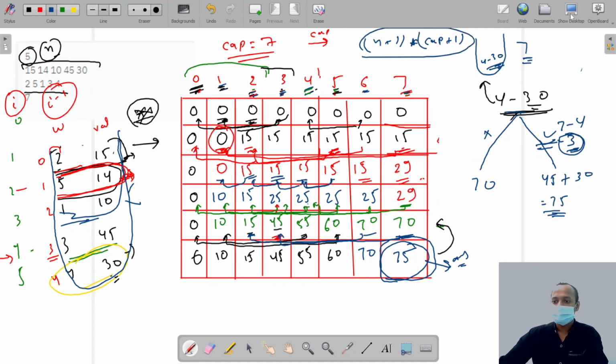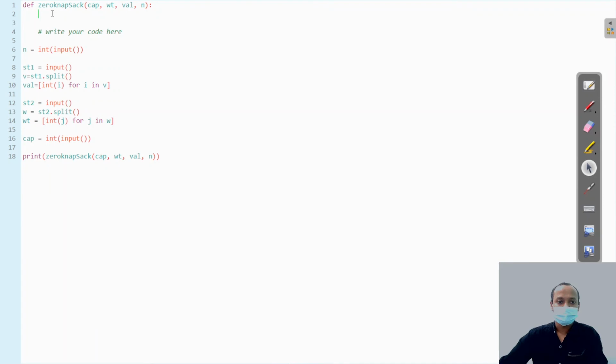Okay, now see. So first we make a DP, and first we fill 0. So for x in range, what is the range?